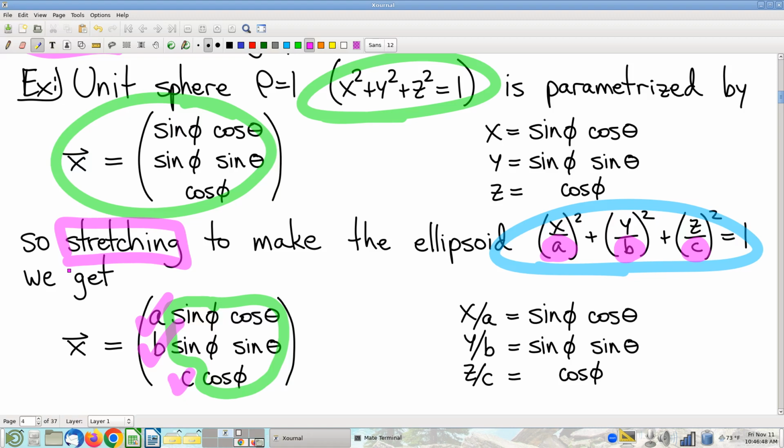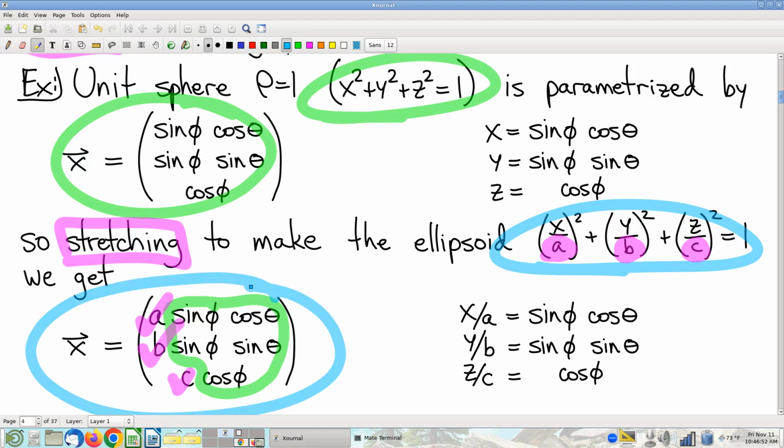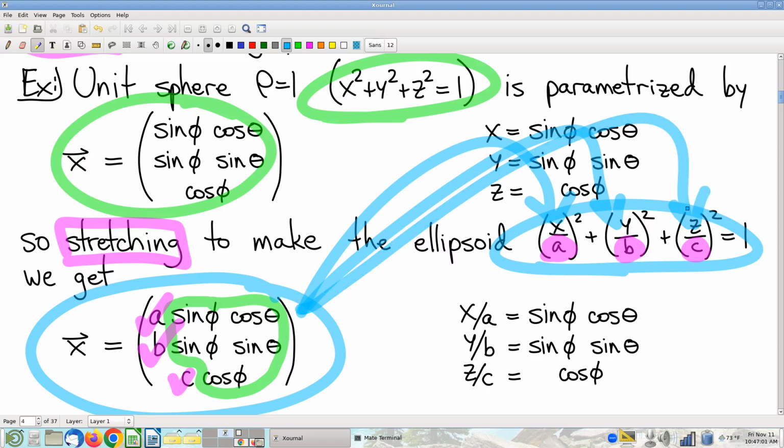So that's one option. And notice that does give you a parameterization of your ellipsoid. And furthermore, you can check this by popping in for x, y, and z and confirming that equation works. Not too much trouble. Good exercise.